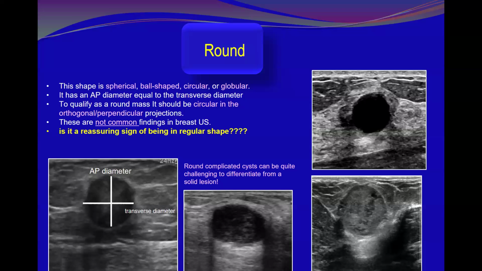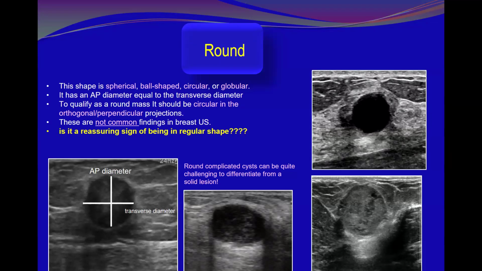The round is a ball shape, circular, globular. And to call it round, it has to be circular in two orthogonal projections. In both, it has to be circular, with anteroposterior and transverse diameters equal, to call it a round lesion.